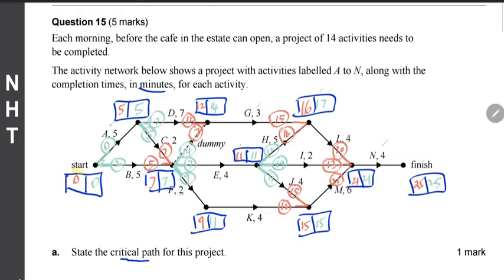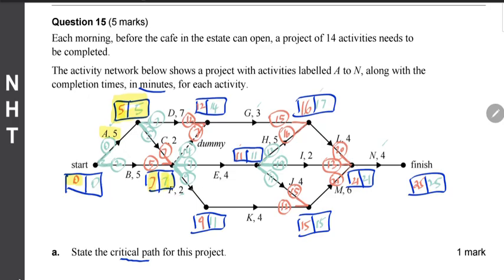So we can see that the 0 here plus 5 is 5, and the two boxes are the same, which is good. And then 5 plus 7 is 12, but both the boxes are not the same there. So we go along C. 5 plus 2 is 7, and the boxes are the same.